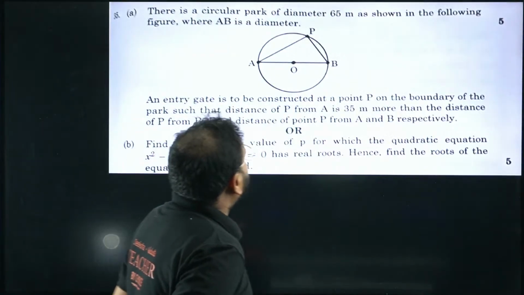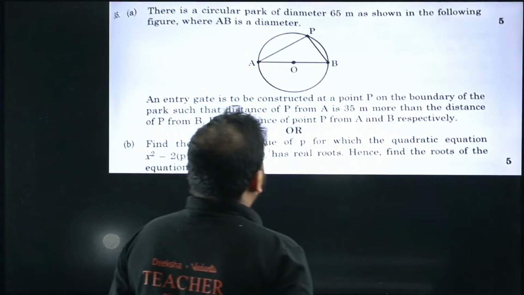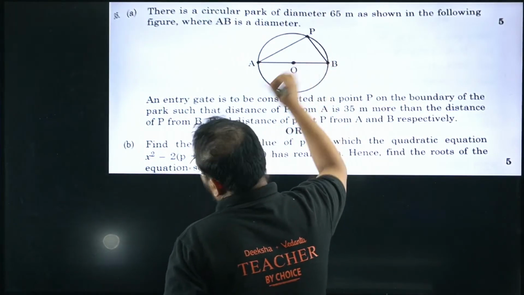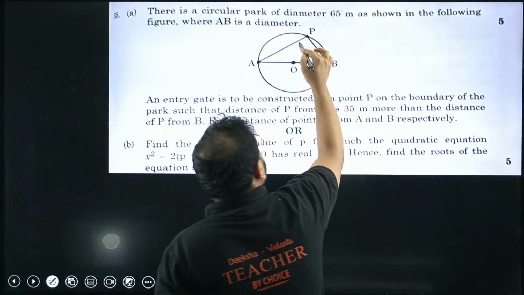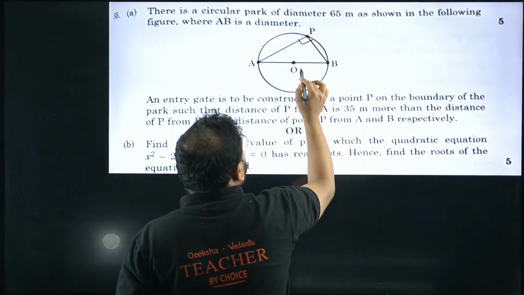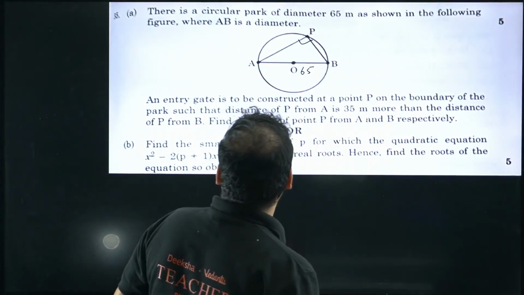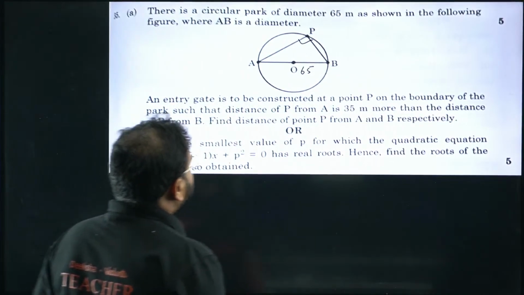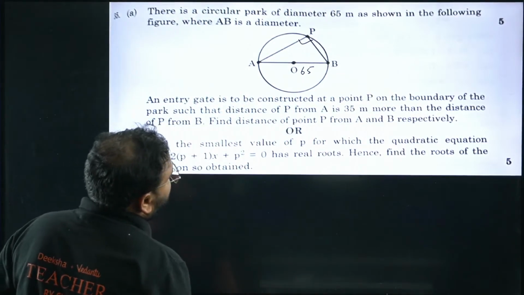This is a circular park of diameter 65 meter as shown in the figure, where AB is the diameter. You know this is going to be 90 degrees, right? This is 65. What are they saying? Where AB is the diameter, an entry gate is to be constructed at a point P. They're saying PA is 35 more than PB.